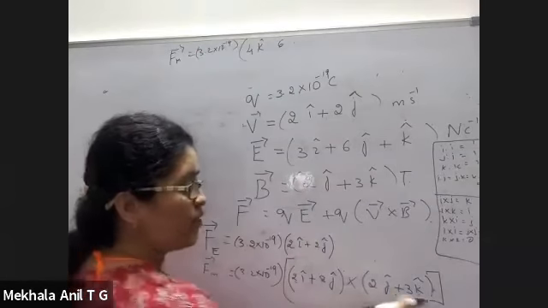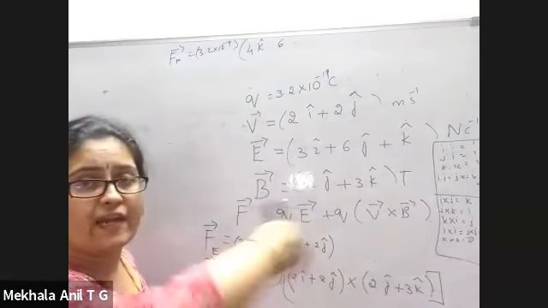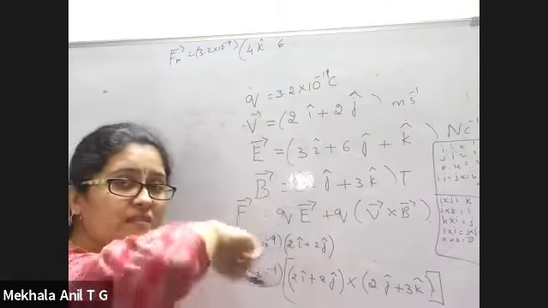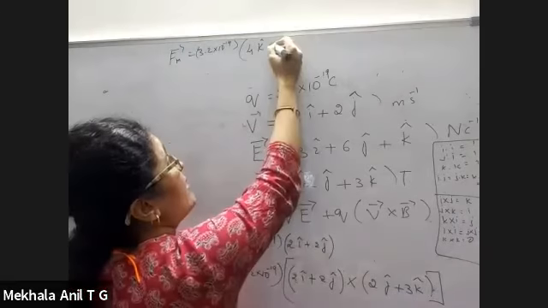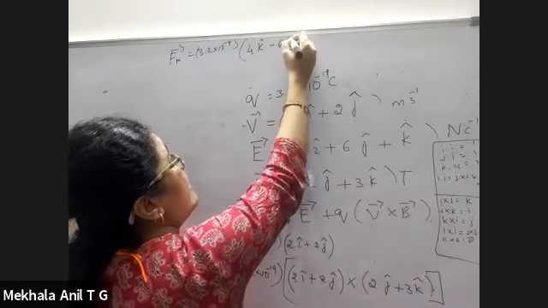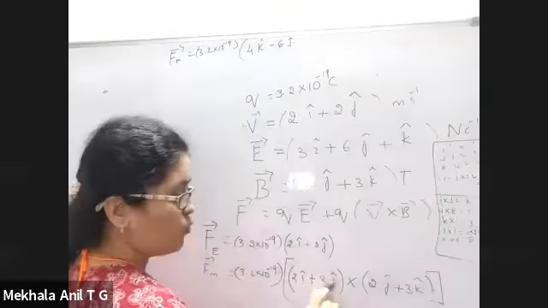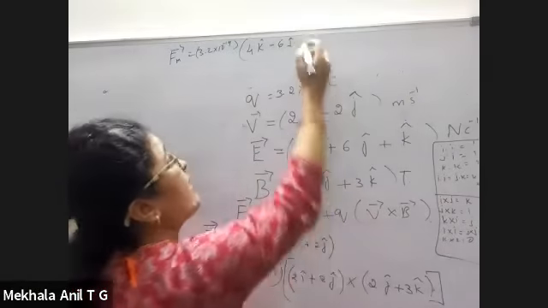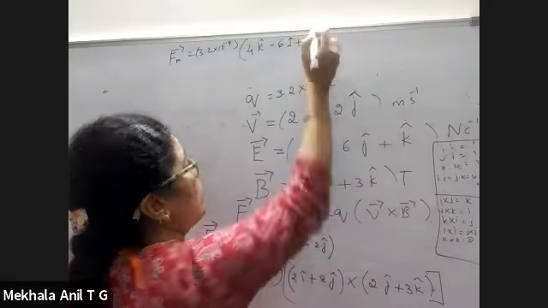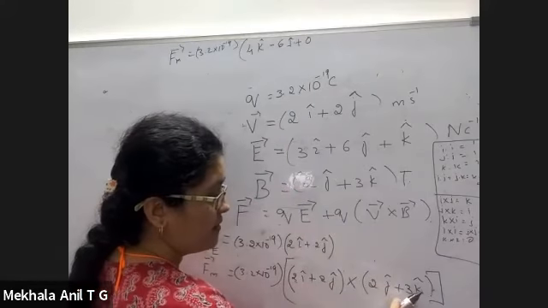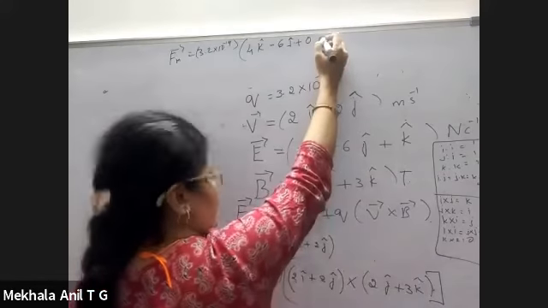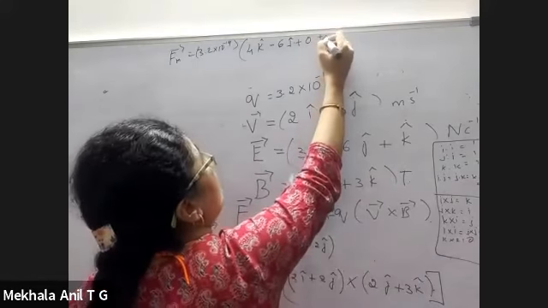See, it is i cross k, not k cross i, so it is the reverse direction. Therefore, minus will come. It is minus 6j plus 2j cross 2j will be 0 plus 2j cross 3k will be 6i.